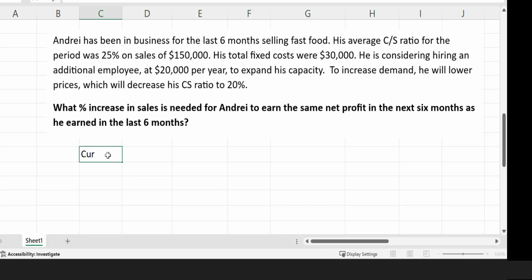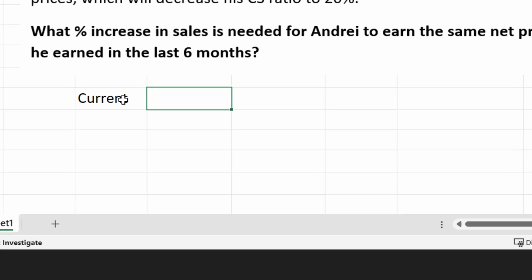So we have a current situation, and let's look at the situation in terms of monetary units, which we'll call dollars, and then percentage points in percentage terms. So if we use the marginal costing P&L statement that we used in the last example, and you can review that in the previous video.